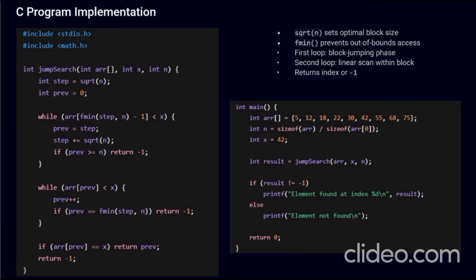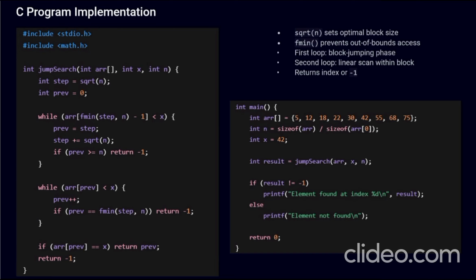Once the correct block is identified, the second while loop performs a linear search within that block. The variable prev is incremented one position at a time until the target element is found or the end of the block is reached. After the linear scan, if the current element matches the target value, the function returns its index, otherwise it returns -1.